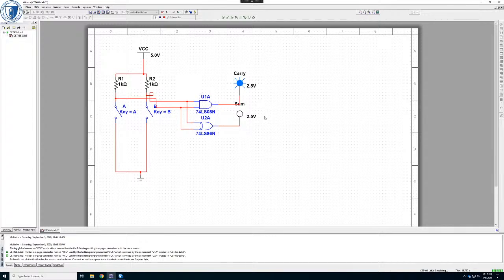This is one screenshot, there's another screenshot, and another one, and the other one. So 1, 2, 3, 4. Just to show that you've exercised all possible inputs to the circuit and that it works correctly.